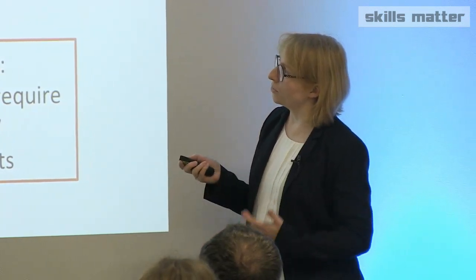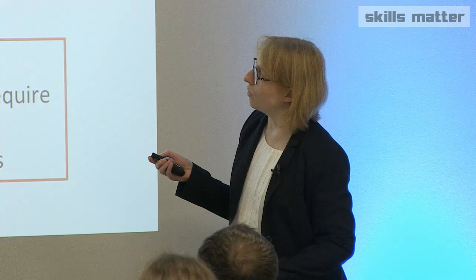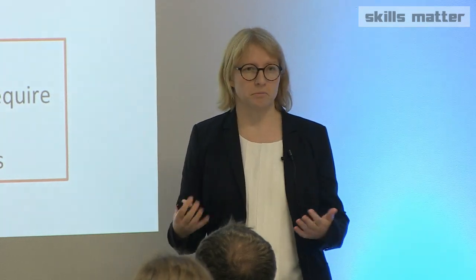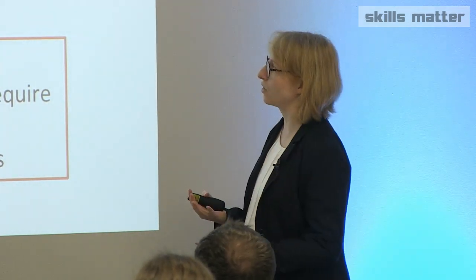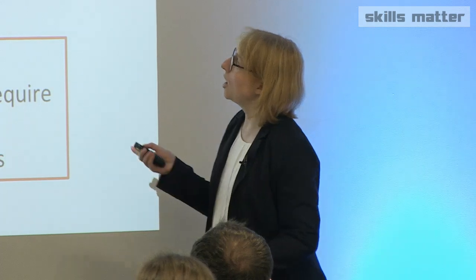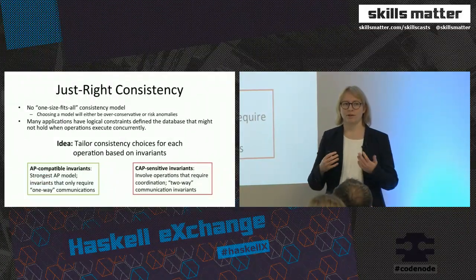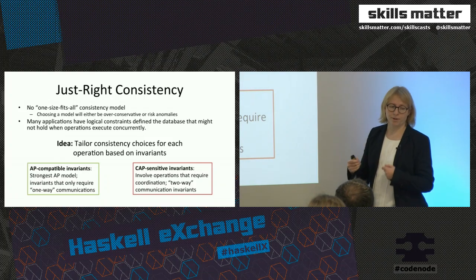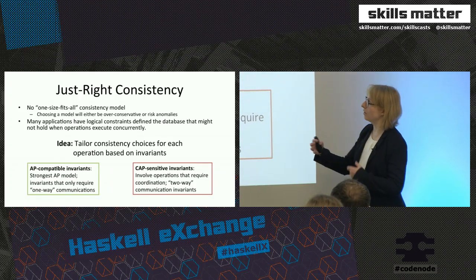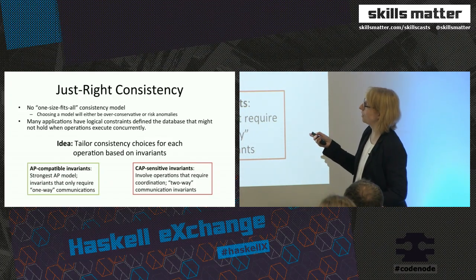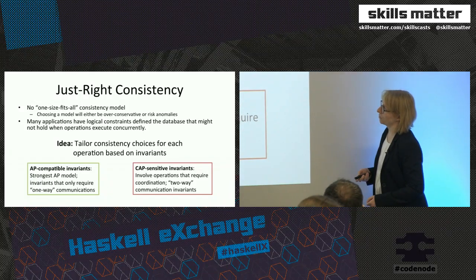So you can either be over-conservative and choose something that gives you more than you actually need, and you're going to pay for that, or you're going to risk anomalies. So this is what we have where we use these very simple key-value stores, and where we have the issue of concurrent modifications, data diverging, and so on.